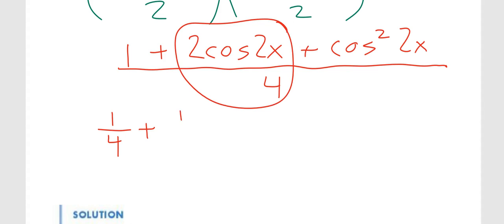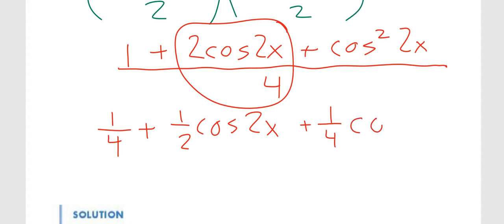Cosine 2x over 2. We could also say that is 1/2 times cosine 2x. Now, if they have told me in this problem that I can't have a power greater than 1, so far the first 2 terms are looking fantastic, because neither one of those has a power greater than 1. But I got this other issue with the last one, because the last one still has a square in it.